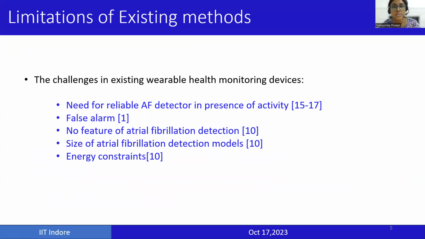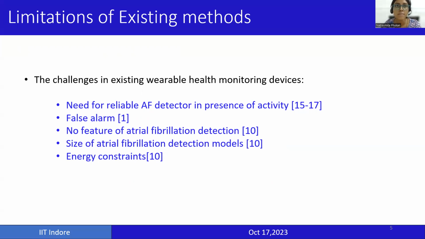Now, what are the limitations of these methods? As I have already said, these methods fail to detect atrial fibrillation under human activity conditions. So there is a need for a reliable AF detector in presence of activity.